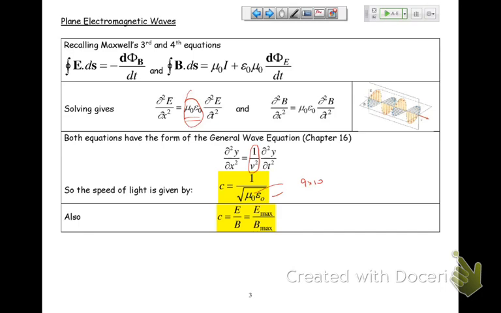How fast does light go? Oh yeah, 3 times 10 to the 8 meters per second. And that's what it works out to be. So we can derive the speed of light, and that's kind of amazing, really.